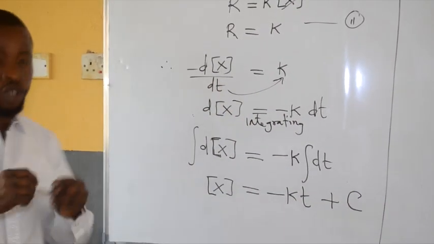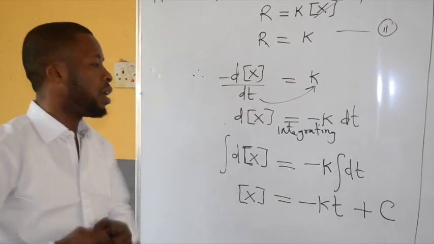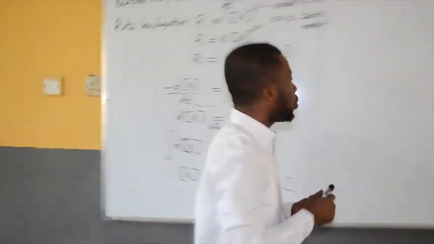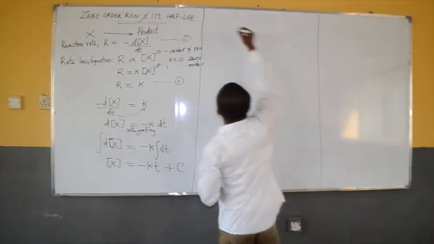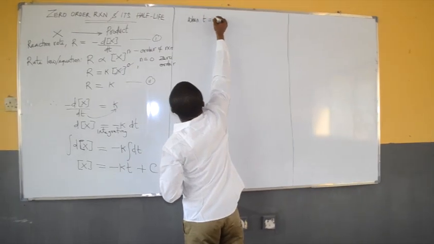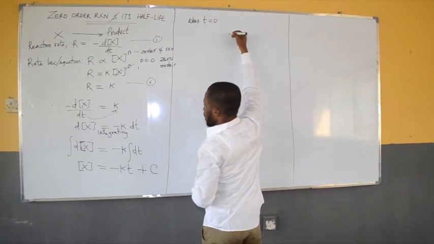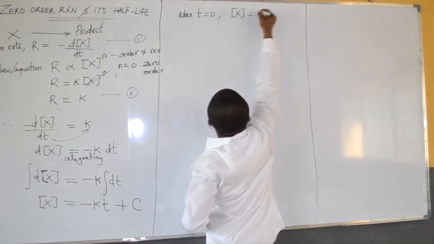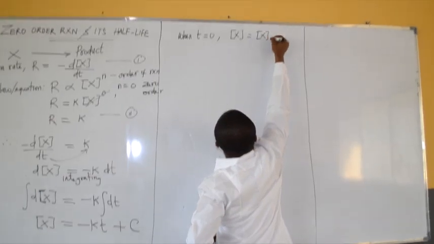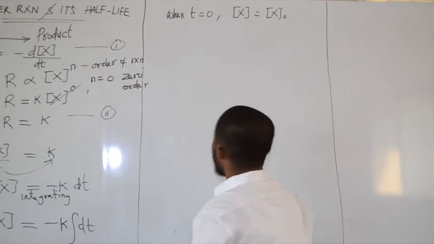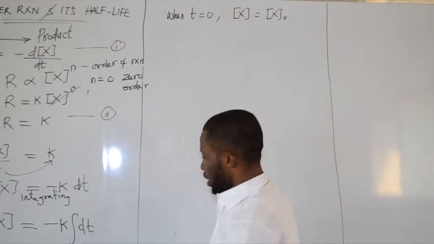Now we are faced with a question here: how do we know the constant c? To know the value of c, we have to say at initial time, when t is equal to 0, it simply means that the final concentration is equal to the initial concentration. So we have to introduce these values in here.